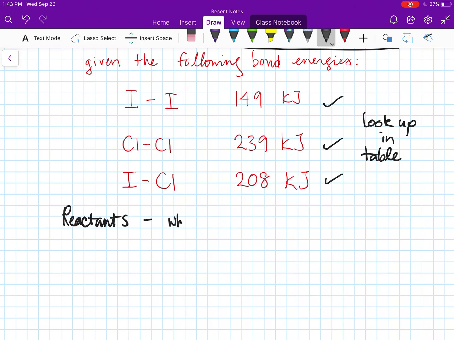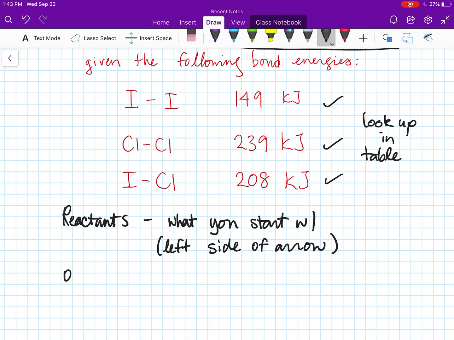So they are what you begin with, and that is on the left side of the arrow. And the products of a chemical reaction are what you get on the right side of the arrow.